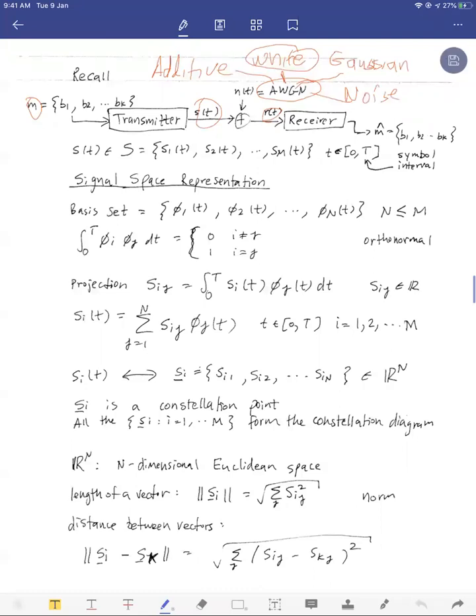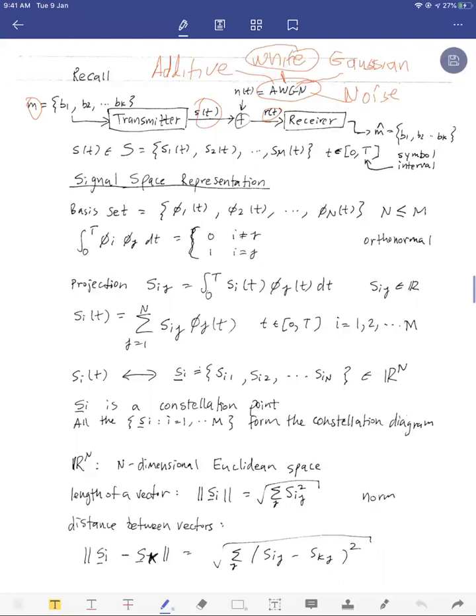The transmitter takes bits in, or sequences of bits in, and maps them to a transmit waveform S of t, which goes through a channel, which adds noise. Here, noise is an additive white Gaussian noise process, N of t, and you're going to receive R of t, and R of t is just the sum of S of t and N of t. It's the receiver's job, the receiver which has to do demodulation, to map R of t back to the bits or sequence of bits that was transmitted.